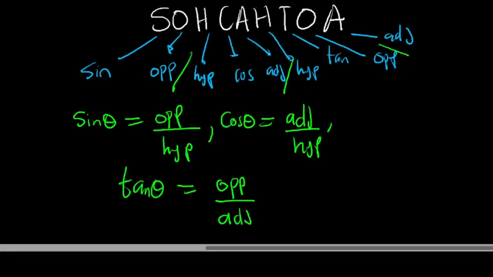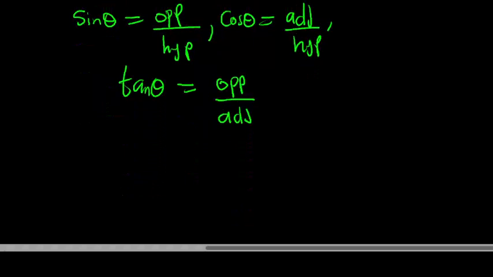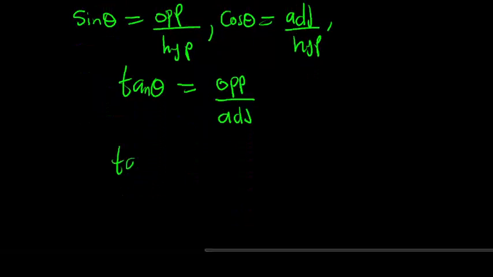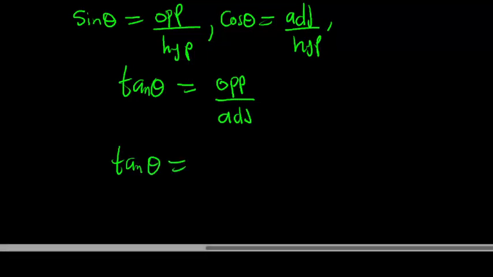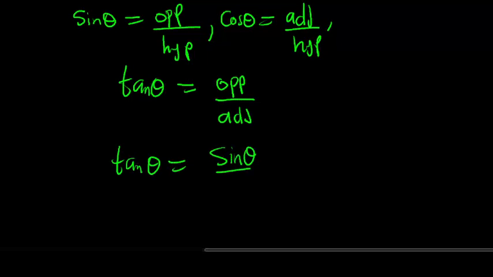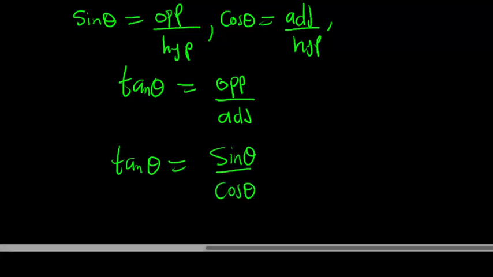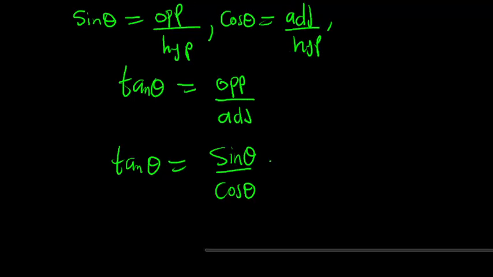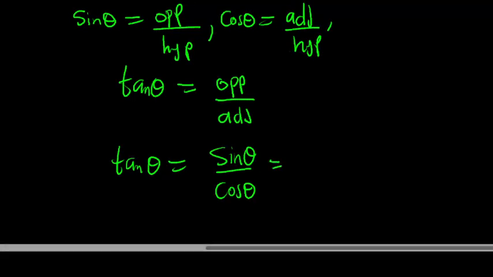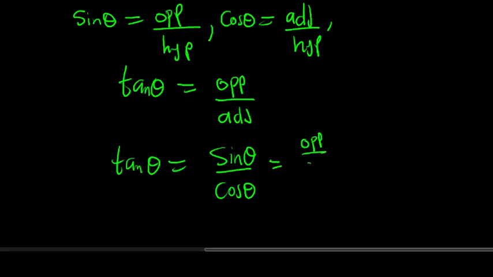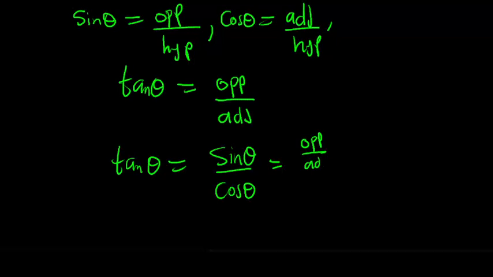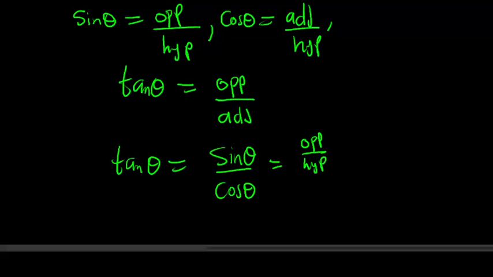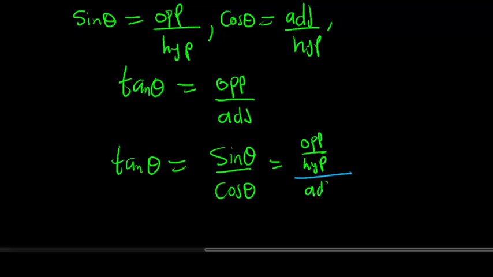And from what I just explained, you can easily see that tan theta is the same thing as sine theta over cos theta, because sine theta is opposite over hypotenuse, and cos theta is adjacent over hypotenuse.